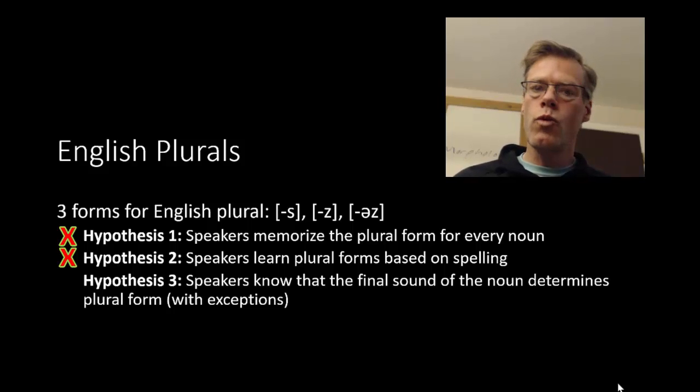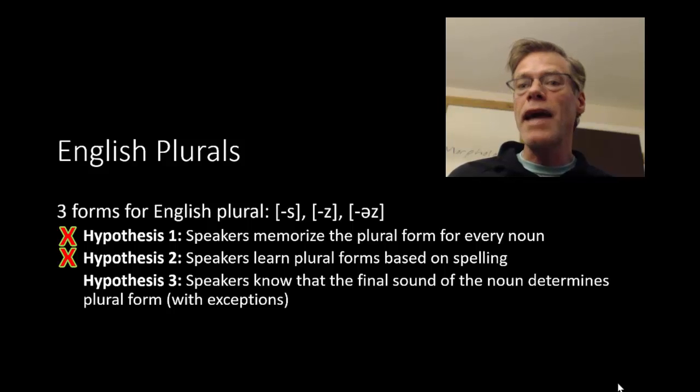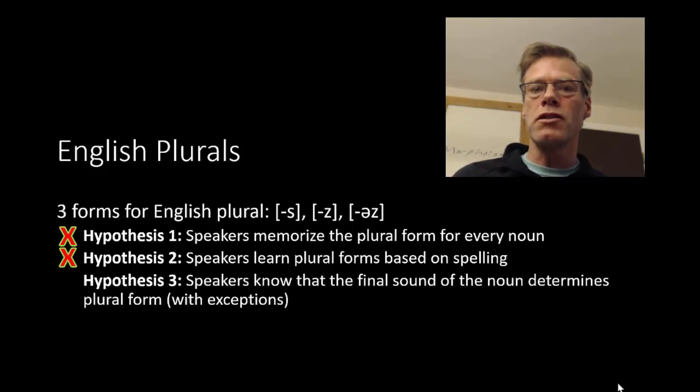So we will have hypothesis 3. Speakers know that the final sound of the noun determines the plural form, with some exceptions like child and children, or goose and geese. That's a better hypothesis, and it's actually a pretty good hypothesis. However, in a previous video, I talked about Occam's razor. Occam's razor tells us that we want fewer rules.